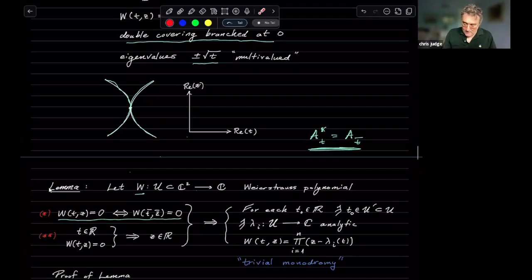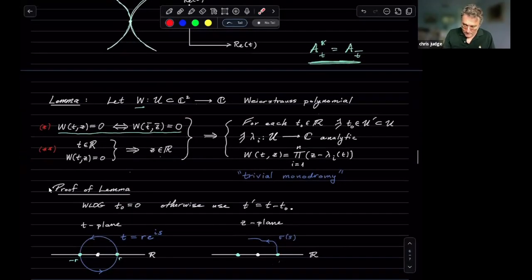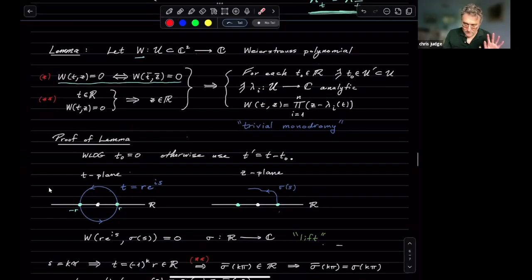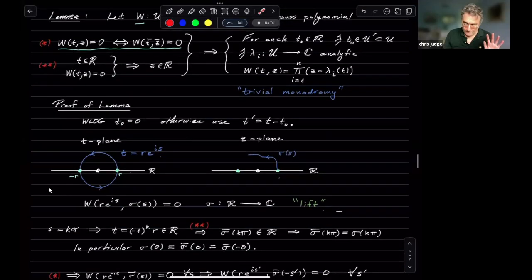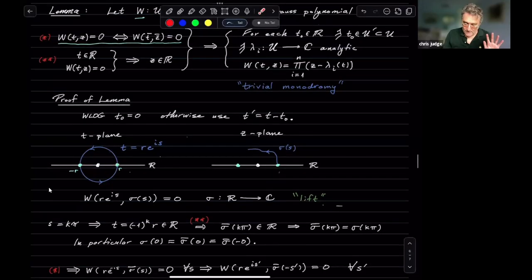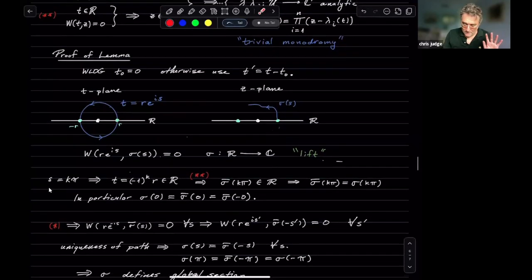Maybe I won't go through the proof, but Jean has assured me they're going to post the notes, and I really like this proof of this lemma a lot.